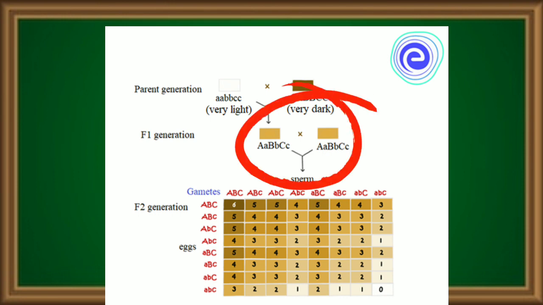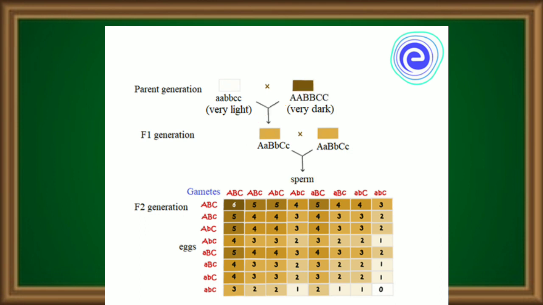picture. Both mother and father have 3 genes each to contribute in determining the skin color of their child. The 3 genes in each parent resulted in 8 possible skin colors.